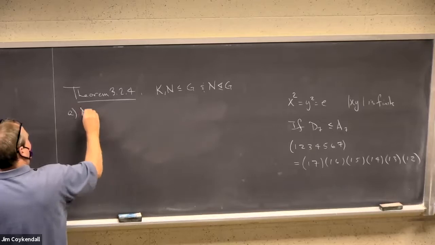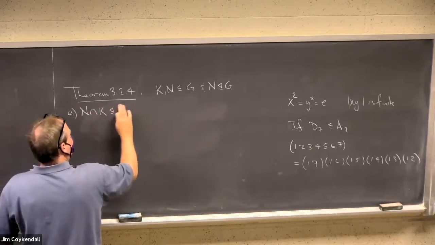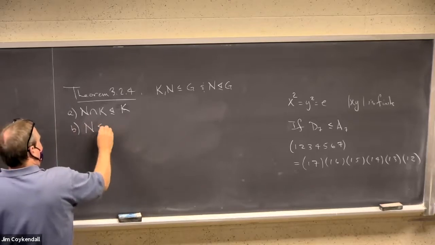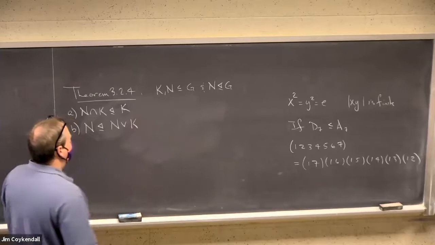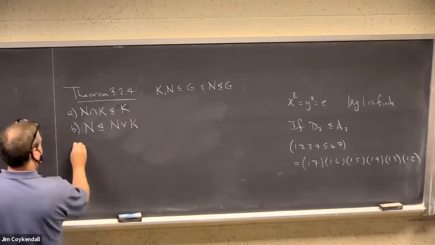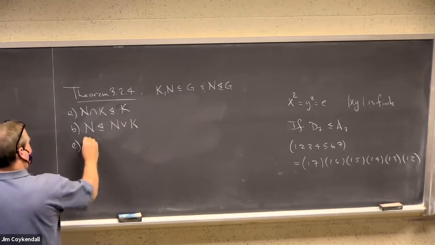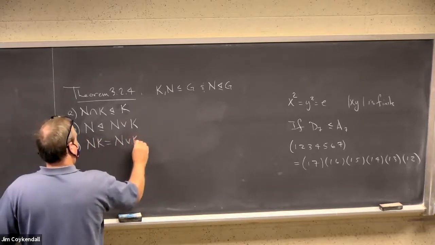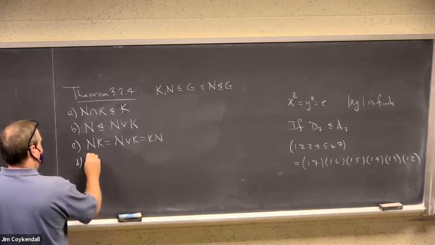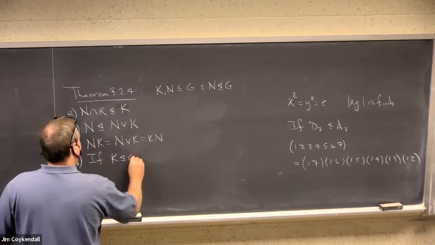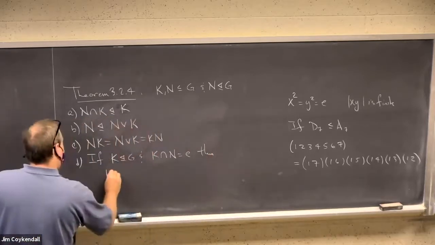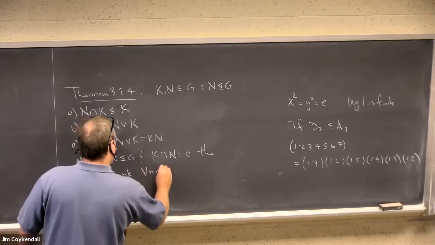Number A: N intersect K is normal in K. N is normal, and the join of N and K. Let me recall for you that this is the smallest group that contains all of N and all of K. Number C, number D: if K is also normal in G, and K intersect N is the identity, then K and N are all of NK.